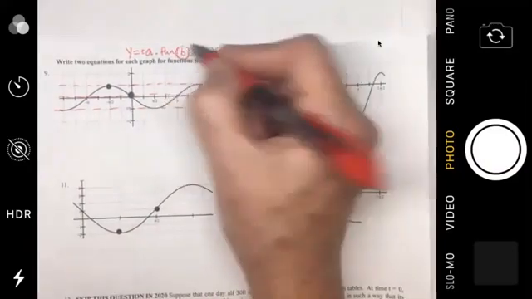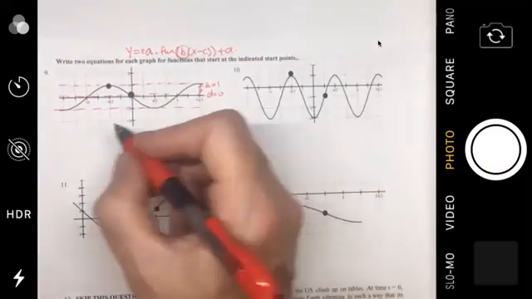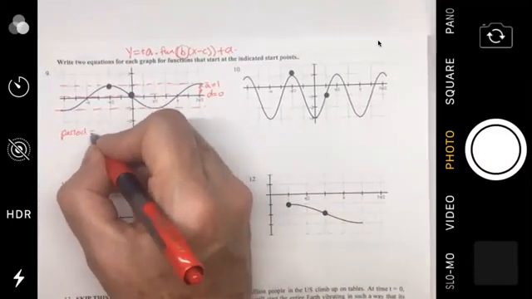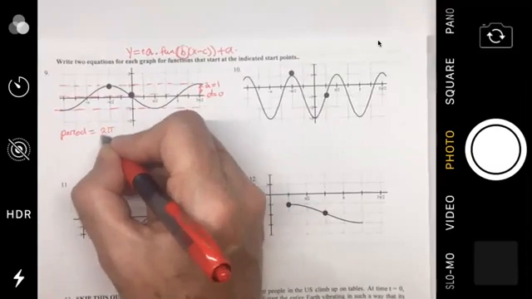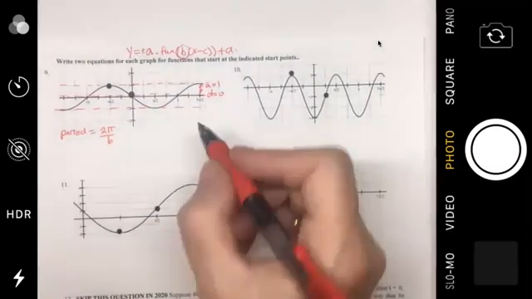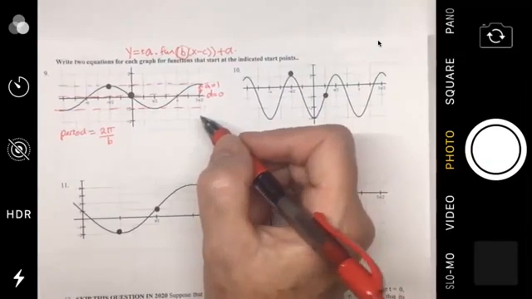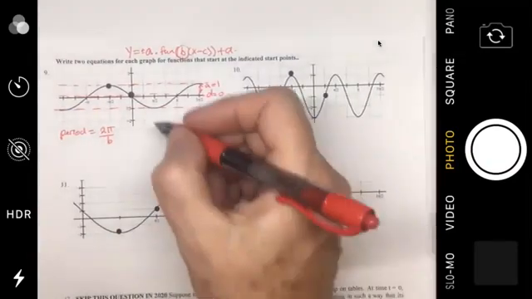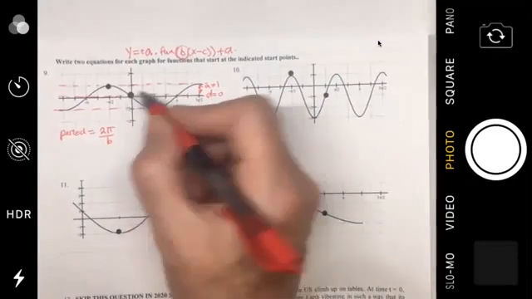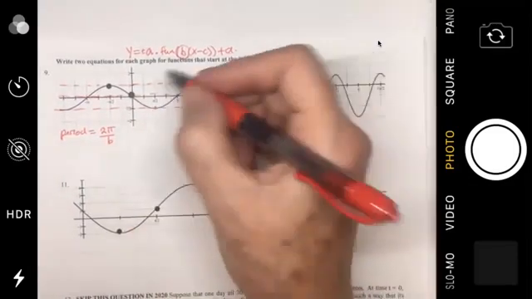B is going to be based on your period. We read the period from the graph, and that's going to equal 2 pi divided by b. We're going to use this equation to work out what b is. So first of all, we have to work out what the period of the graph is. Look at one step, say going from this mid to this low, thinking of high, middle, low, middle, high.